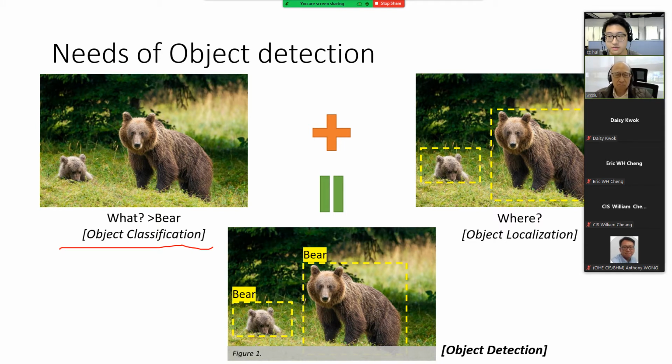Here the picture has two bears, so the classification model will tell you it is a bear. Now we also want to know where the object is. So here is a new topic called localization. We combine these two together and we get something called object detection. We know the location of the object, and we can also tell what that object is.